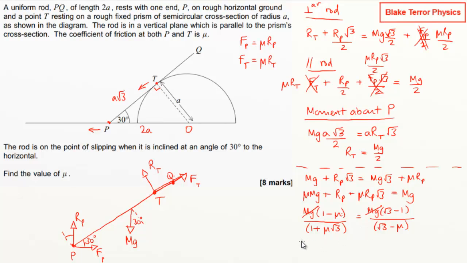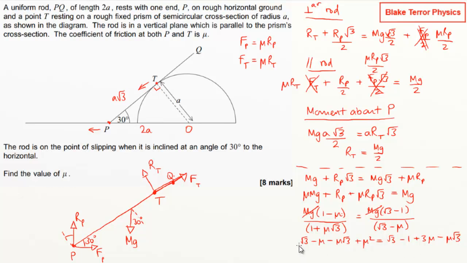So we've got root 3 minus mu root 3 plus mu squared is equal to root 3 minus 1 plus 3 mu minus mu root 3.